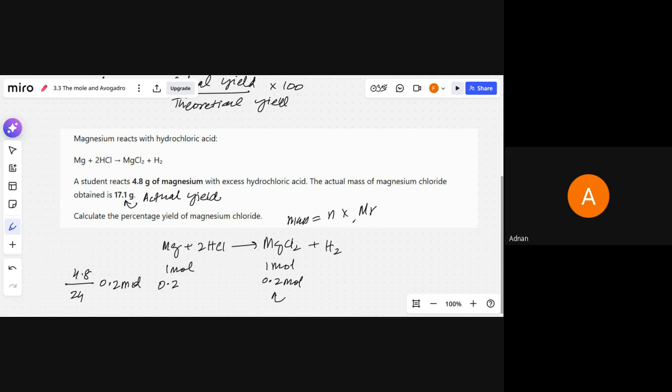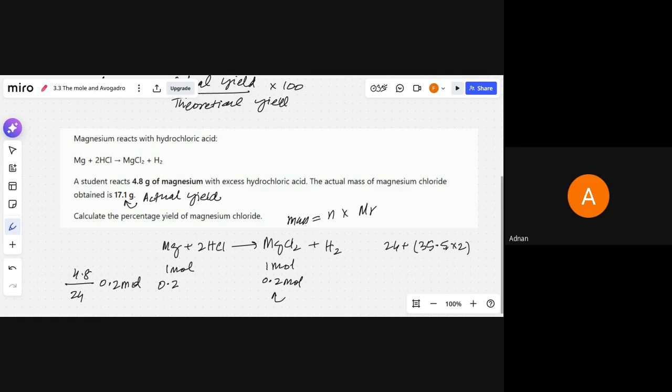We have studied these formulas in our previous lesson. If you don't understand how to calculate mass when moles are given, you should watch the previous lesson, the first part of this lesson. Okay, so magnesium is 24, and we have 2 chlorine atoms. 1 chlorine atom weighs 35.5, so this is times 2.